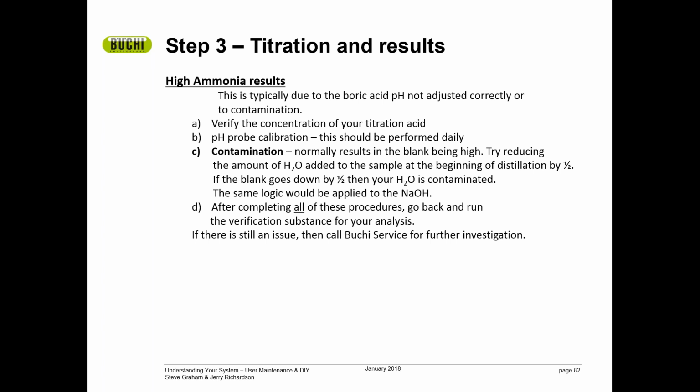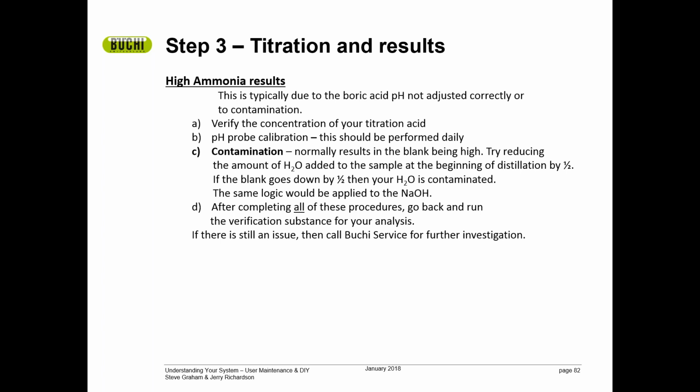Here again, if your boric acid is supposed to be 4.65 and your pH on the boric acid is actually 5.0, it's going to take longer to titrate that, and that's going to result in a higher than realistic concentration of nitrogen. Again, go through the pH probe calibration as we've discussed before.